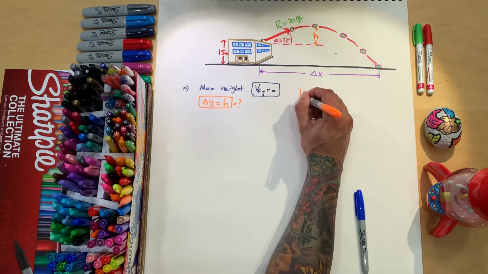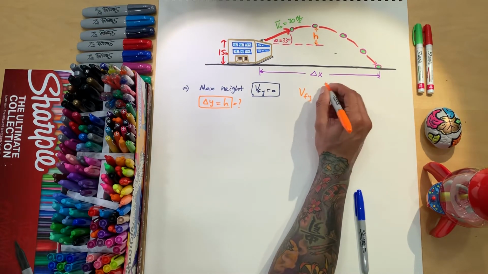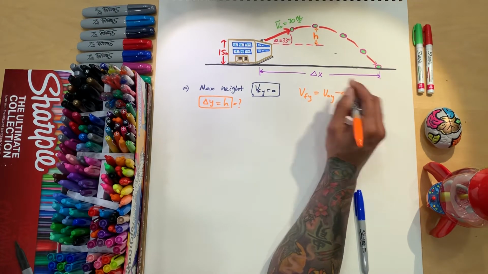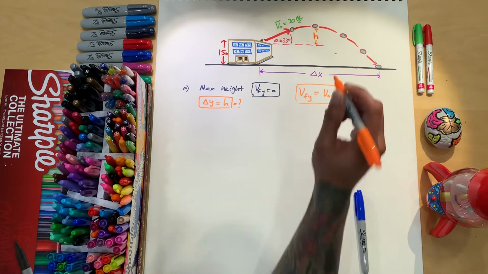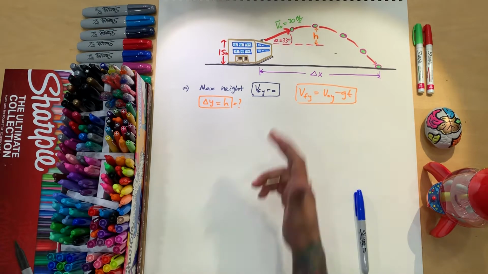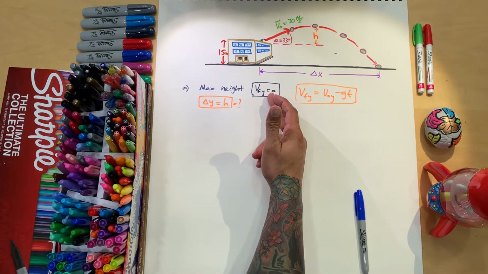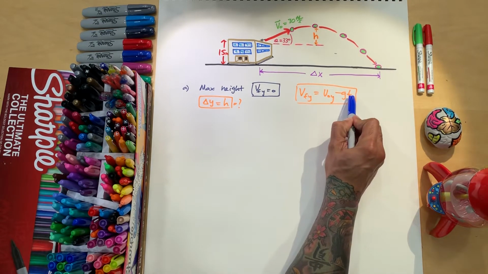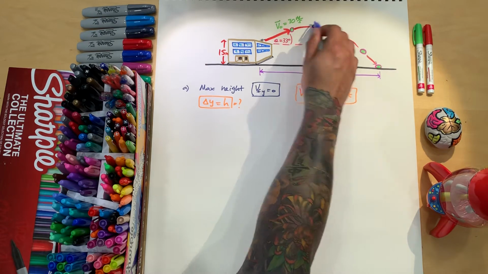We got velocity final y is equal to velocity initial y minus gt. It's an equation relative to this information, and it's useful because we don't know time. We don't know the time it takes to get here or here.